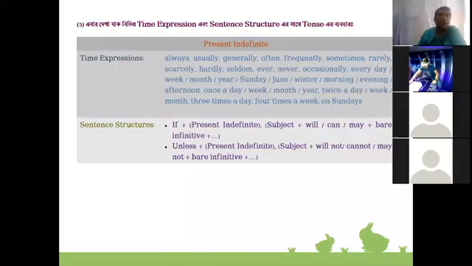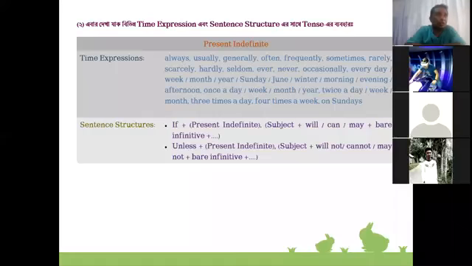He rarely visits our house. He hardly visits our house. He seldom visits our house. The Bengali meaning of all these sentences is: he does not come to our house, he rarely comes to our house, or in other words, he does not come to our house. They are all related to a negative meaning.